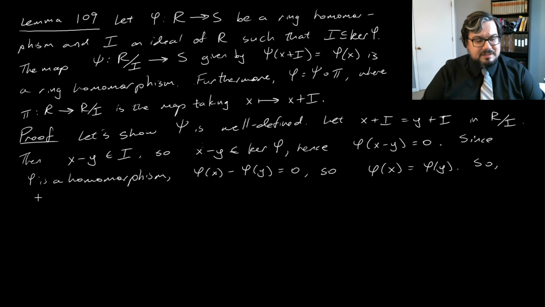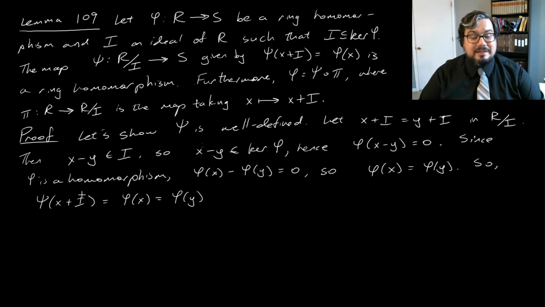So just finishing stuff up, we have that psi of x plus I is equal to phi of x. That's by definition. We just showed that because I is contained in the kernel of phi, phi of x is equal to phi of y.